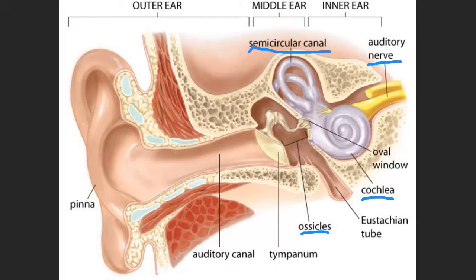The semicircular canals and the vestibule are responsible for interpreting body position. The vestibule is for static equilibrium, in other words, head position, whereas the semicircular canals are the ones that are going to be responsible for communicating to your brain body position.